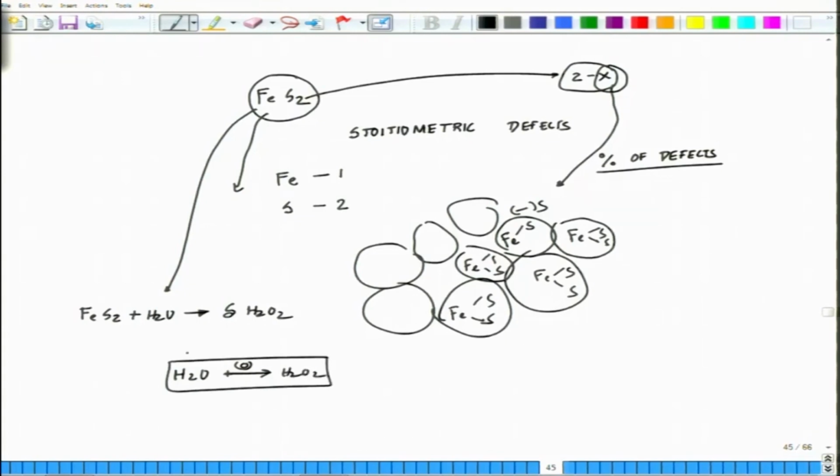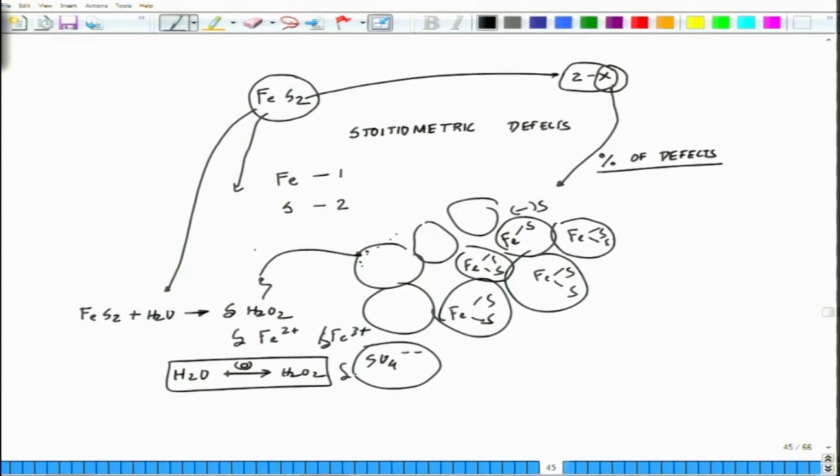This is precisely one of the traces, and this H2O2 further acts on the surface and releases some Fe2+, Fe3+ and SO4 minus ions, and all these are present in very trace amounts.